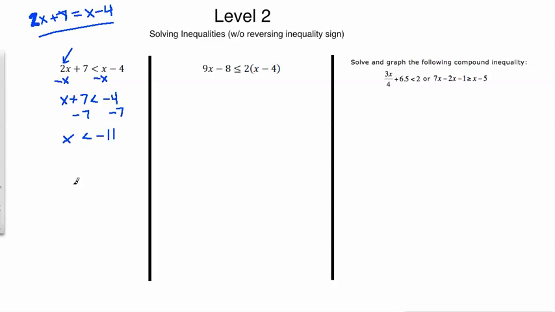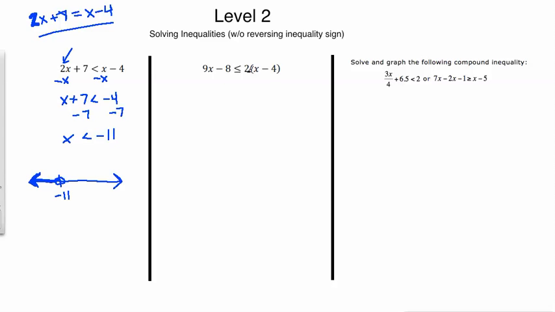If you were going to graph that, you would just draw a number line like this, and then here's -11. x is less than -11. Notice I have an open circle there. Let's move on to the second example.